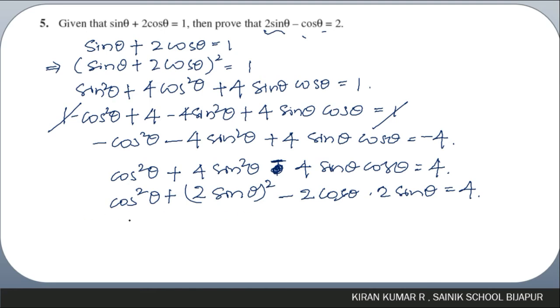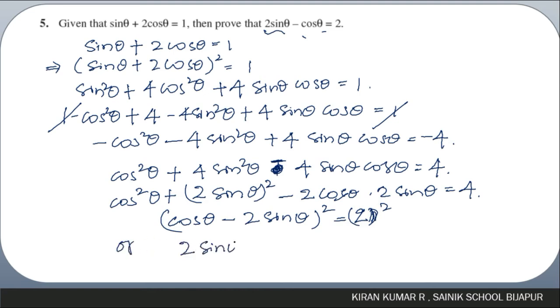Now you observe it is something like a square plus b square minus 2ab, which is cos theta minus 2 times sin theta whole square equal to 2 square. I'll write 4 as 2 square. Or it is also the same as 2 times sin theta minus cos theta the whole square, which is equal to 2 square.